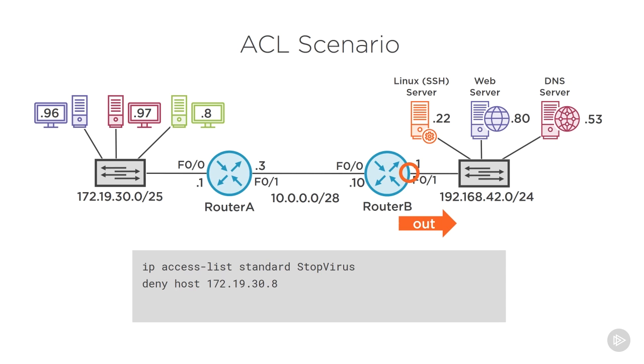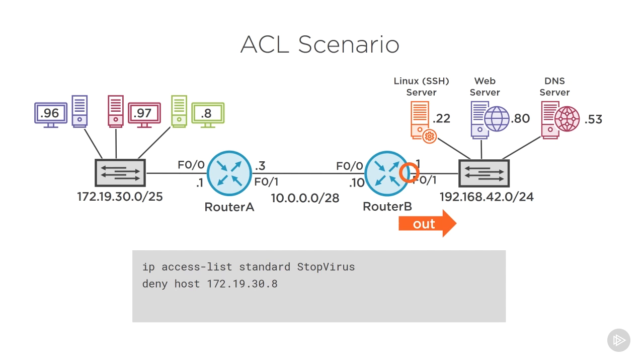Well, we're back. Now, what's going to happen here? Well, if we remember correctly, the last line of every single access control list we create on Cisco devices is deny any. So what we've just done here is we've created an access control list that says deny this one host. So if the source address is 172.19.30.8, deny that address.